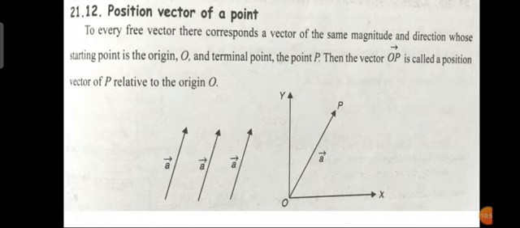A position vector is always related to the origin, so we have to start that vector from the origin. It may be P or Q or any other point. That is the position vector.